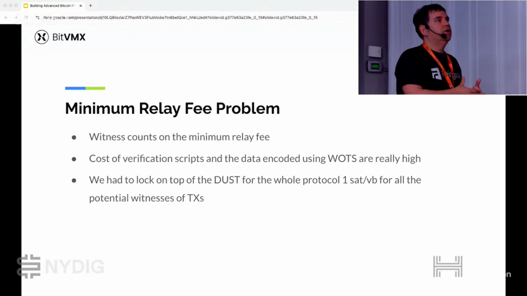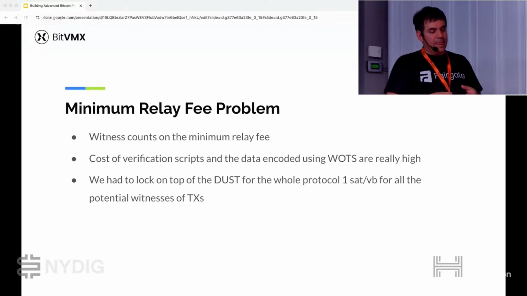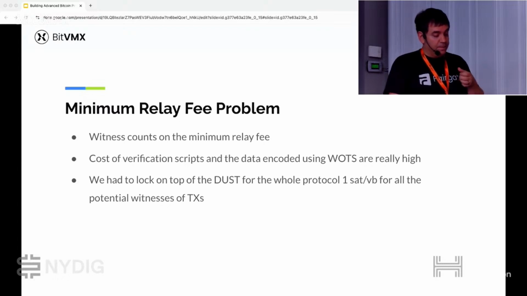It needs to be locked in the UTXO at the moment of setup. When we discovered this, we noticed that if the witness of the transaction were very big, we ended up having a lot of money pre-allocated on the setup, and that was not efficient and was starting to be very costly.